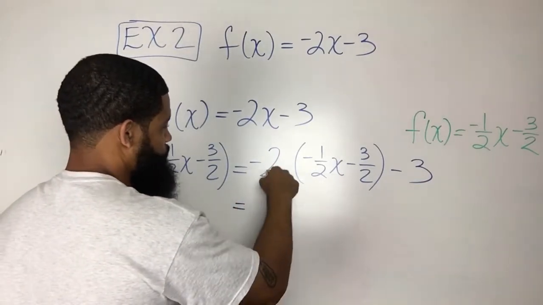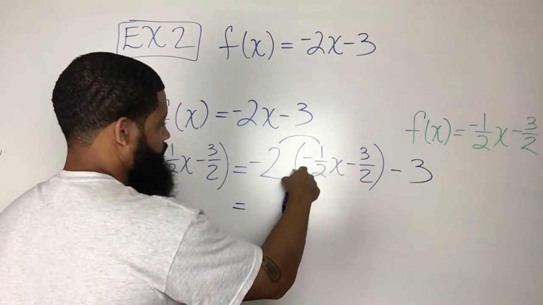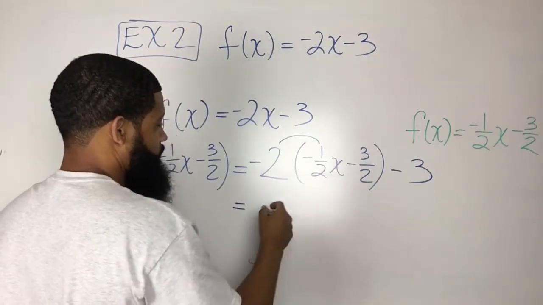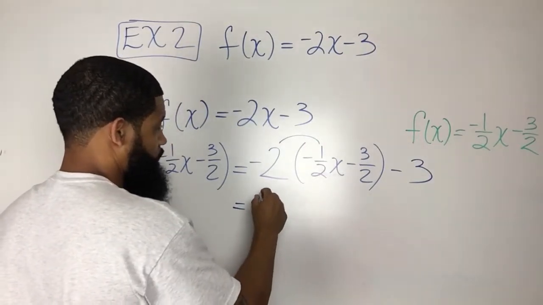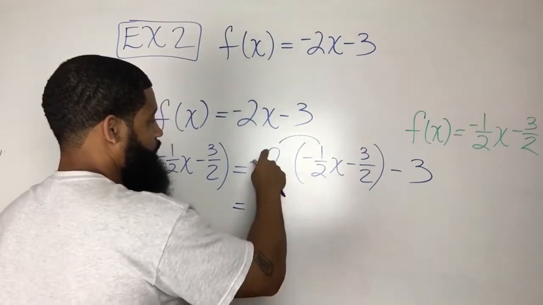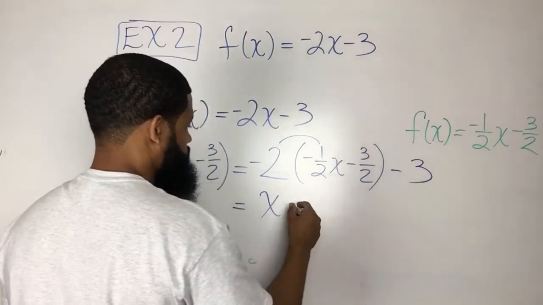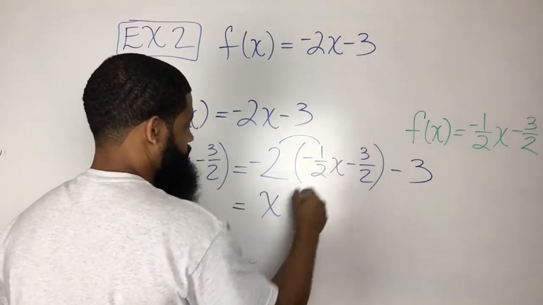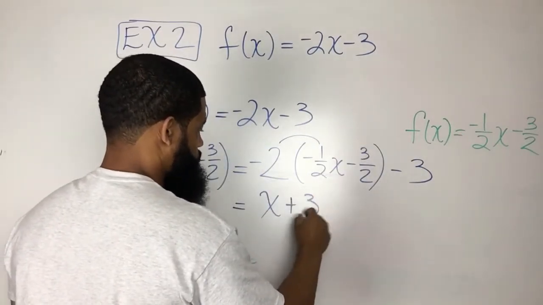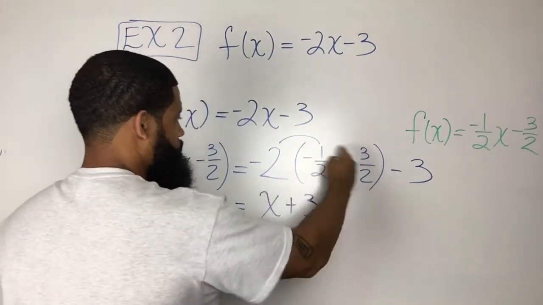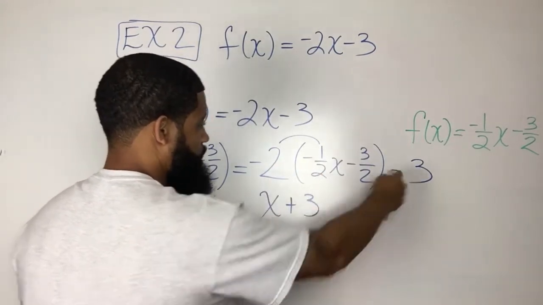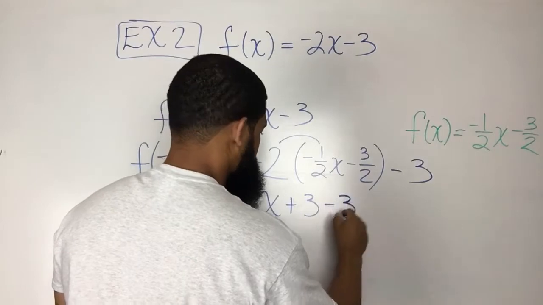So negative 2, I'm going to distribute, times negative 1 half x is going to actually be x. And then negative 2 times negative 3 halves is, negative times a negative is a positive 3. So this times all this is x plus 3, and then I need to bring down my minus 3.